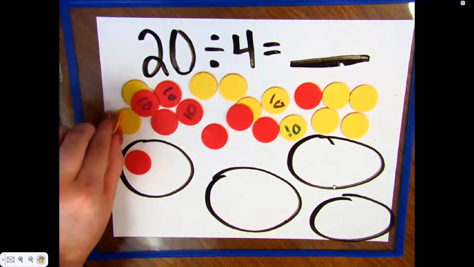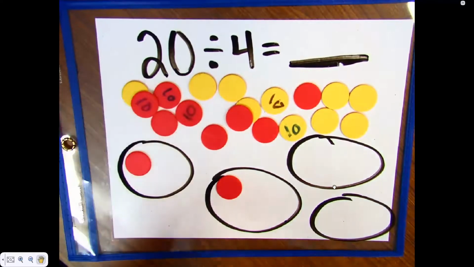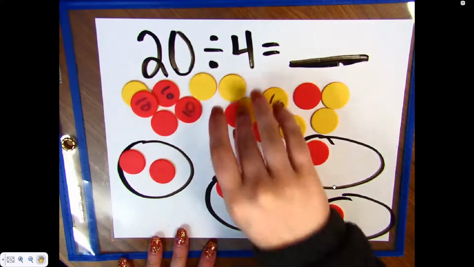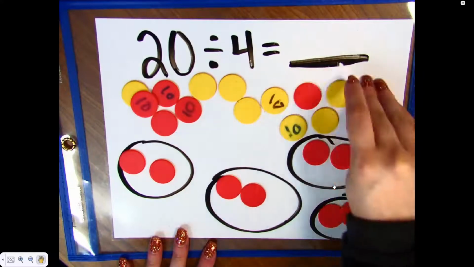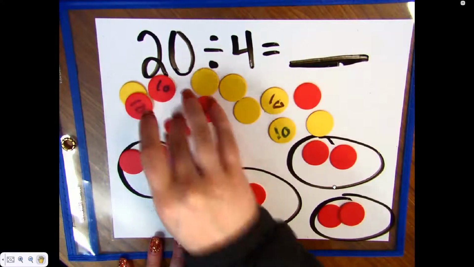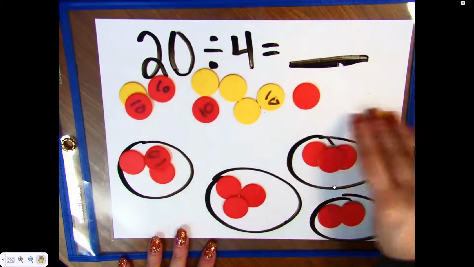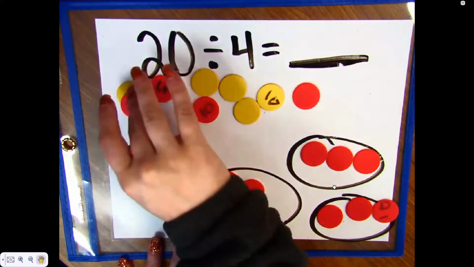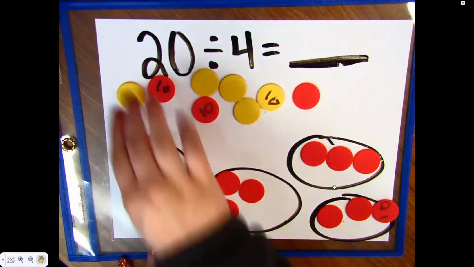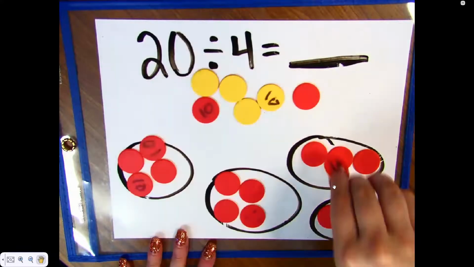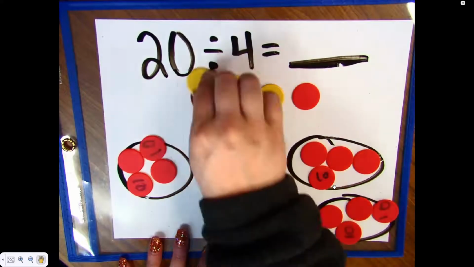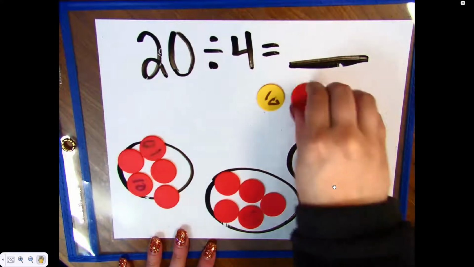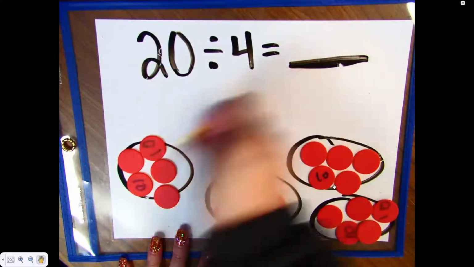So I'm going to go 1, 2, 3, 4, 5, 6, 7, 8, 9, 10, 11, 12, 13, 14, 15, 16, 17, 18, 19, 20. Oops, I had too many counters.